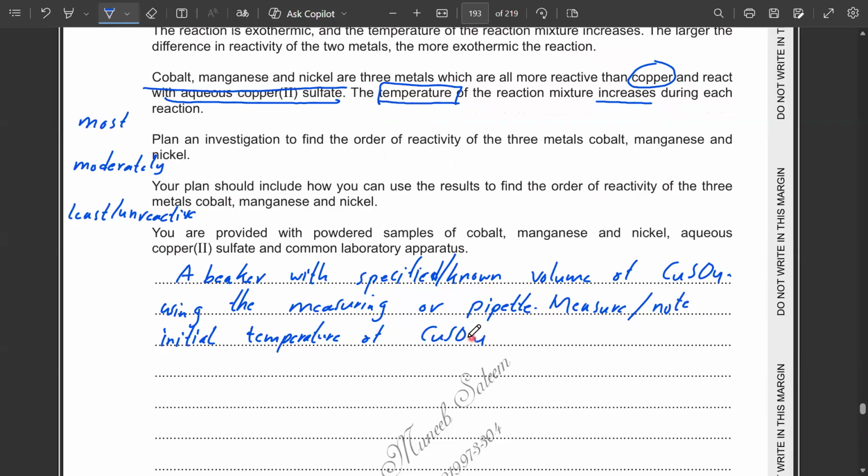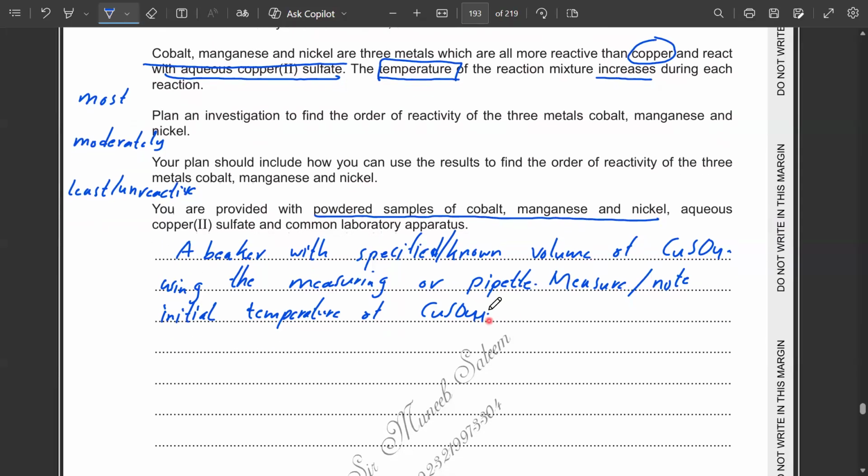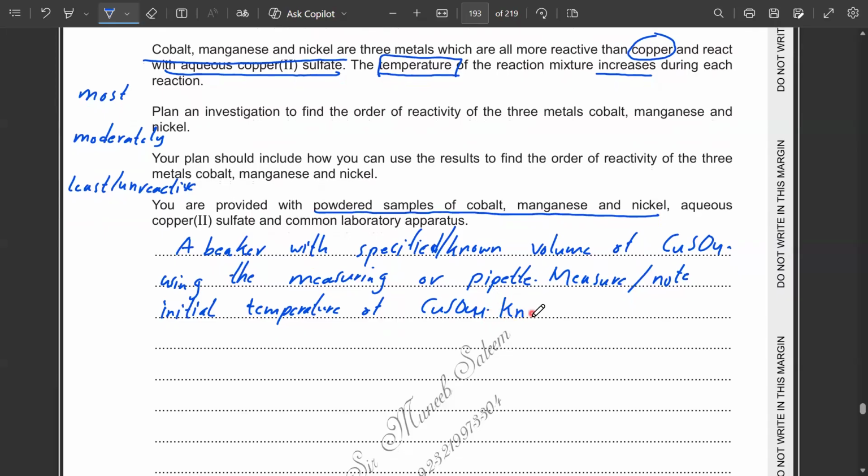Now after noting the initial temperature, you will then add the powder samples of the other metals to it. Since powder samples of these three metals are to be added, you must have a known mass of samples of metals. And now the names of these metals.